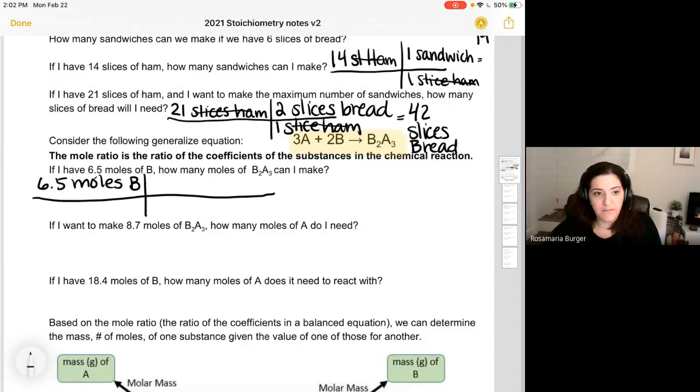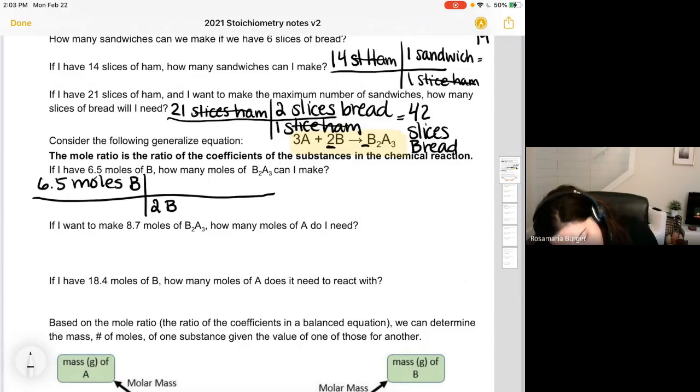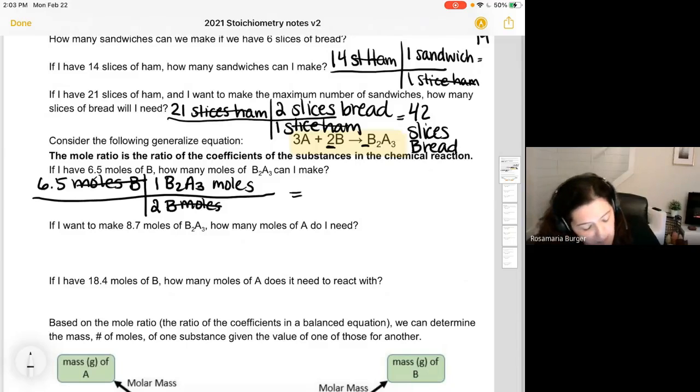That for every 2 B, I get 1 B2A3. So I'm going to say moles here as well. Moles is going to cancel out, and I'm going to have 6.5 divided by 2. So it's going to get me 3.25 moles of B2A3.